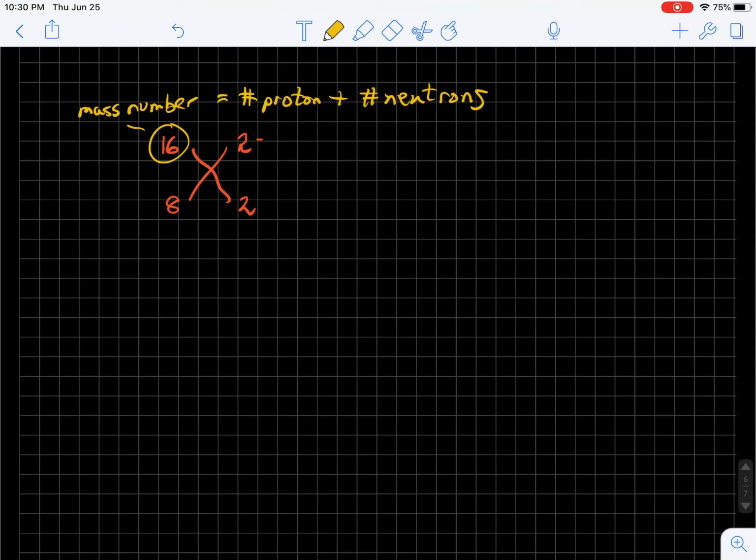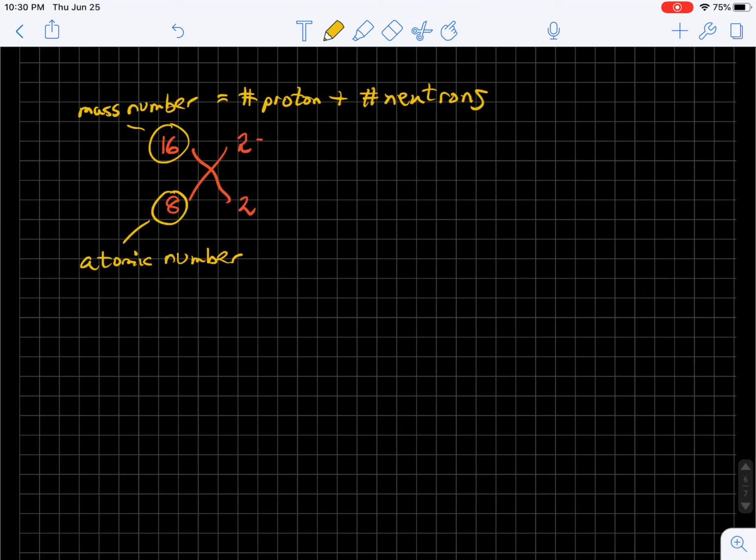Well, the electrons, although they have a large volume, are very lightweight. It takes over 1,800 electrons to have the same mass as a proton, so we exclude the electrons from this calculation. Number 8, down here in the southwest corner, this is called the atomic number.